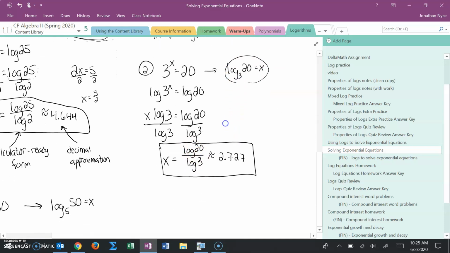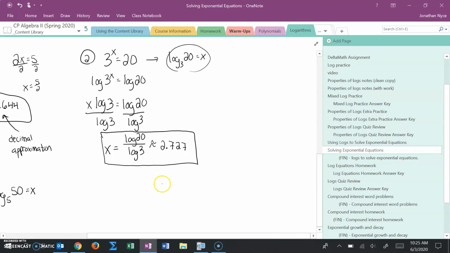There's actually something called the change of base formula, which says if you have log base b of a, any base, you can rewrite that as log, any base you want, we'll call it n, of a over log base n of b.